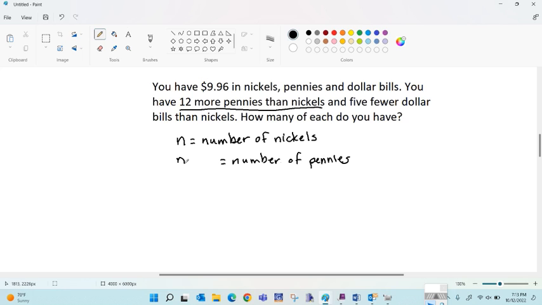So it's my nickels plus 12. These are the number of, it's not the value of. 5 fewer dollar bills than nickels. So here's my number of dollar bills.